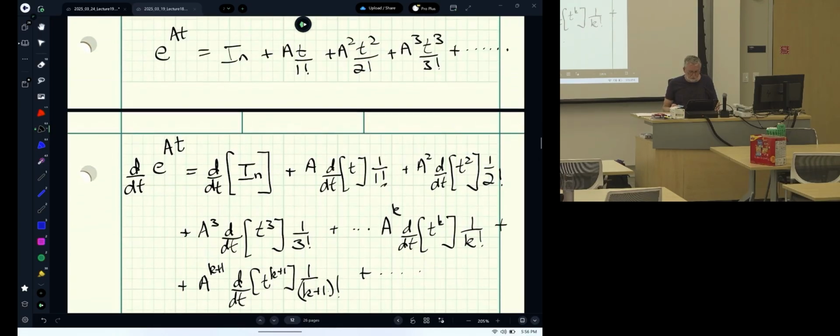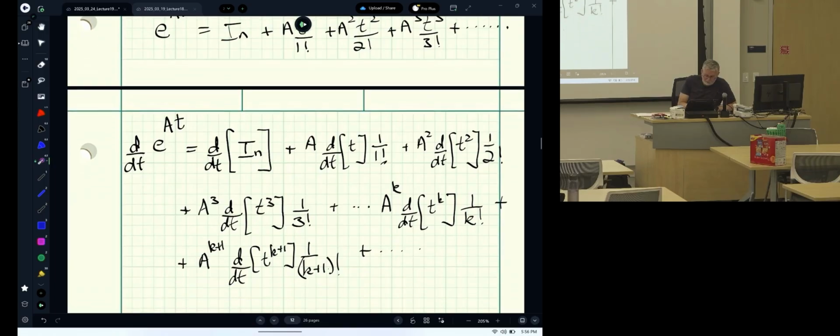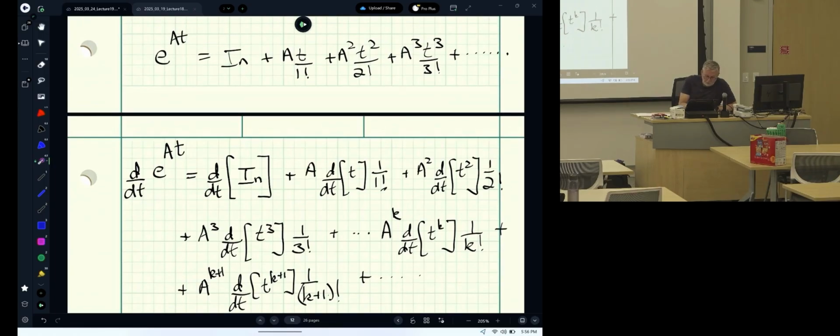Okay, so I just took the power series for e to the At, and I'm differentiating it term by term. In Math 351, they'll prove to you that this makes sense with this particular infinite series. So this should be the sum of all the derivatives on the right-hand side.